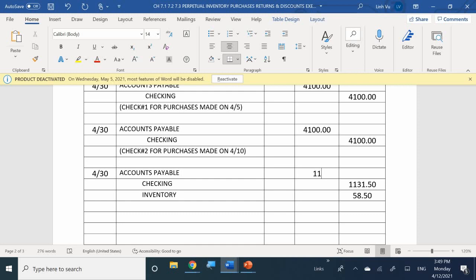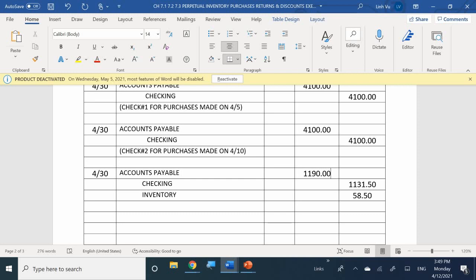What was the original amount that I owe? Oh, the 1200. Okay, 1220, right? But we returned 30. 1190. So that's why I had you guys calculate the 1190 to know how much we owe.